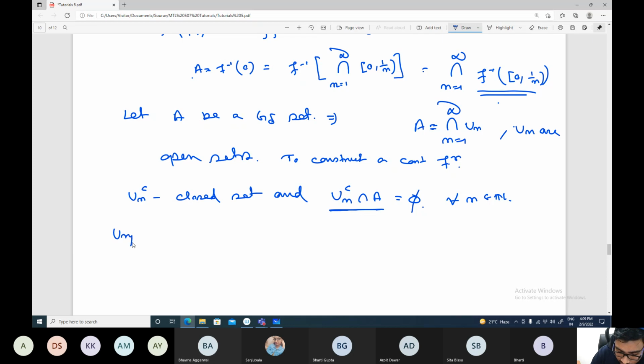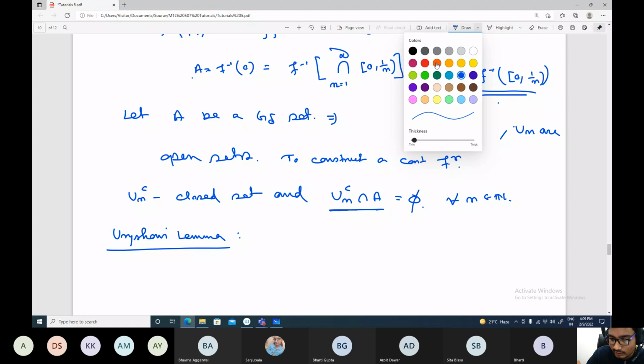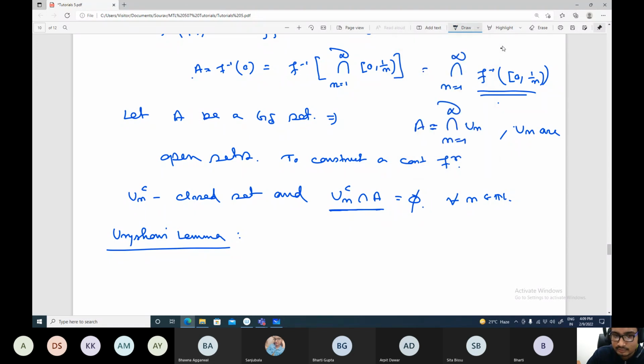Now this is equal to empty set. Can you remember Urysohn's lemma? What is the statement? A space is normal if and only if disjoint closed sets can be separated by a continuous function.